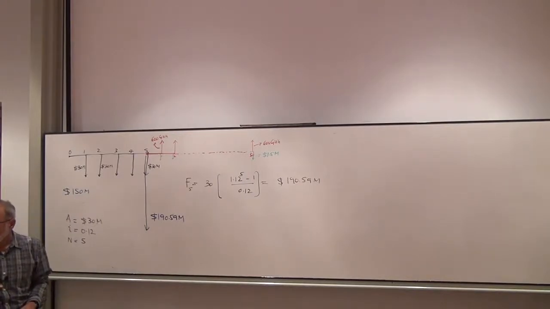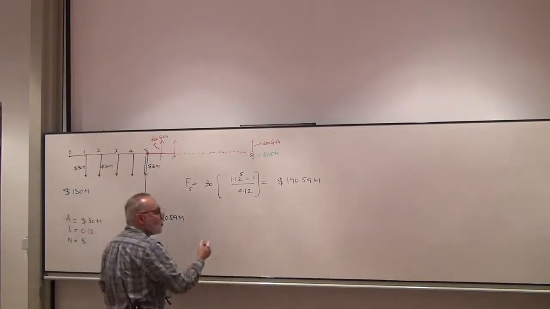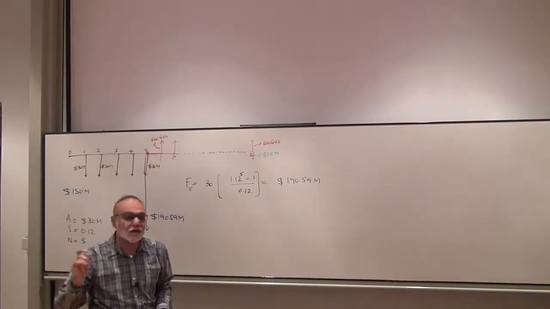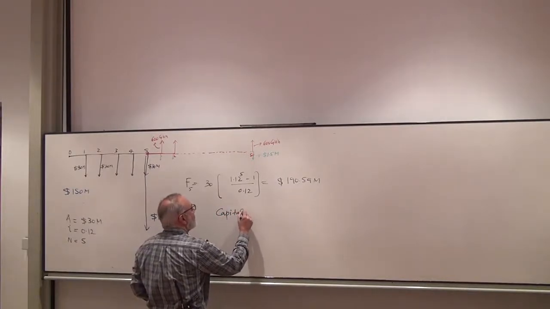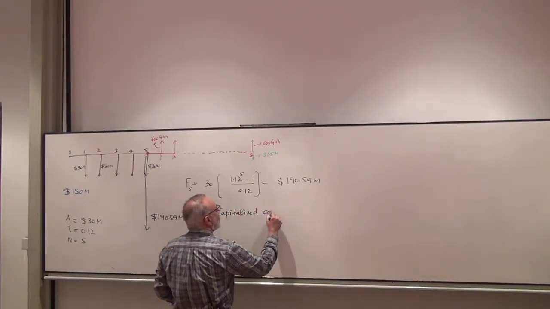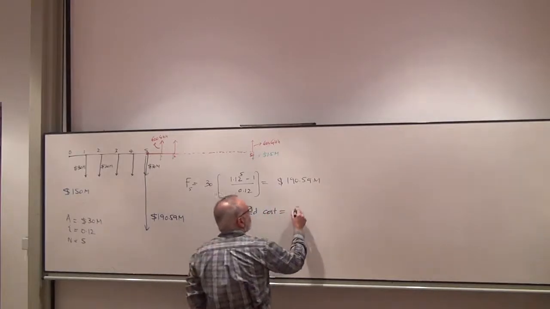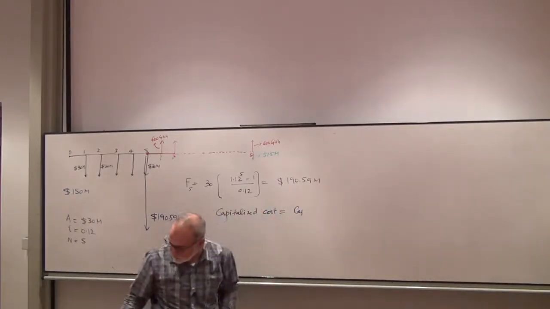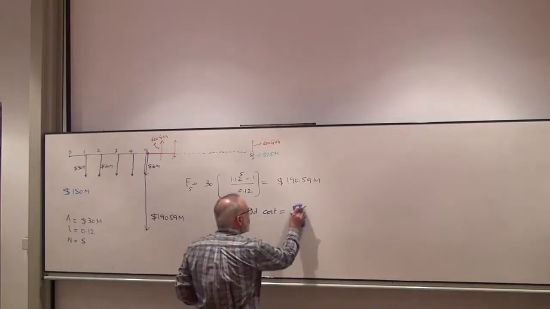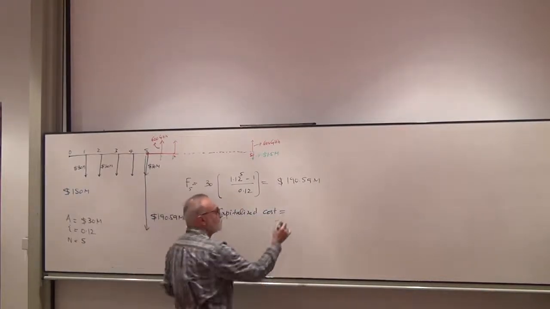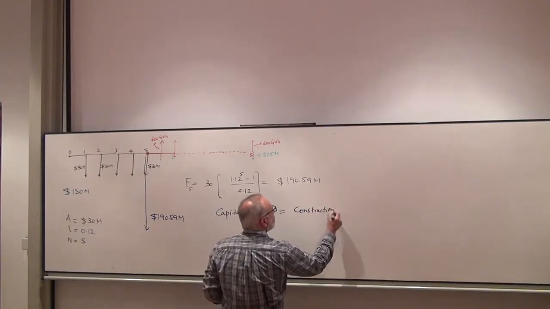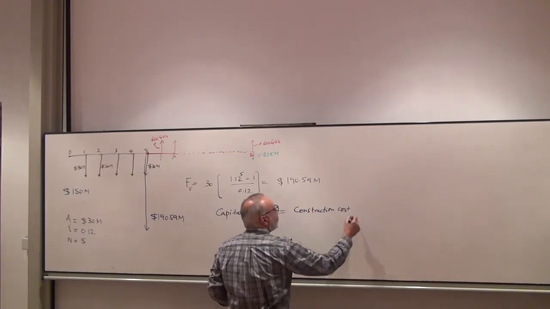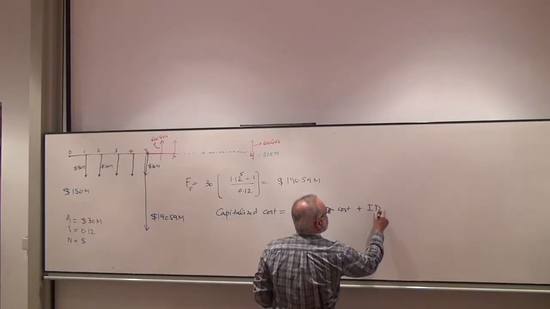All right? This is called capitalized cost. It is capital cost plus interest during construction. Capitalized cost is equal to capital or construction cost. Construction cost was how much? 150 million. Construction cost plus IDC.